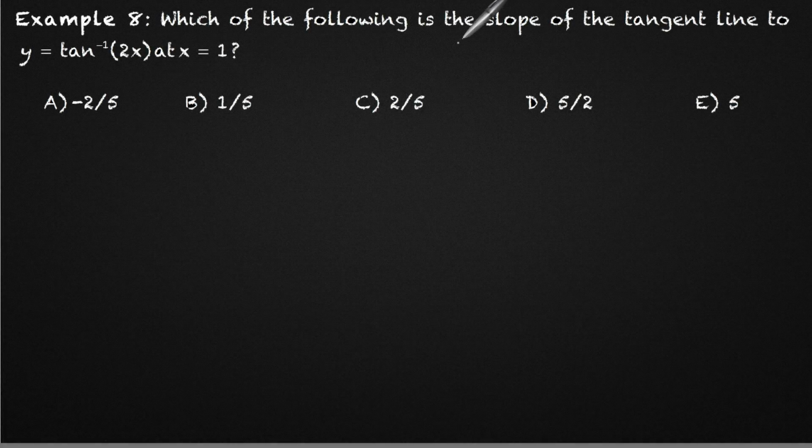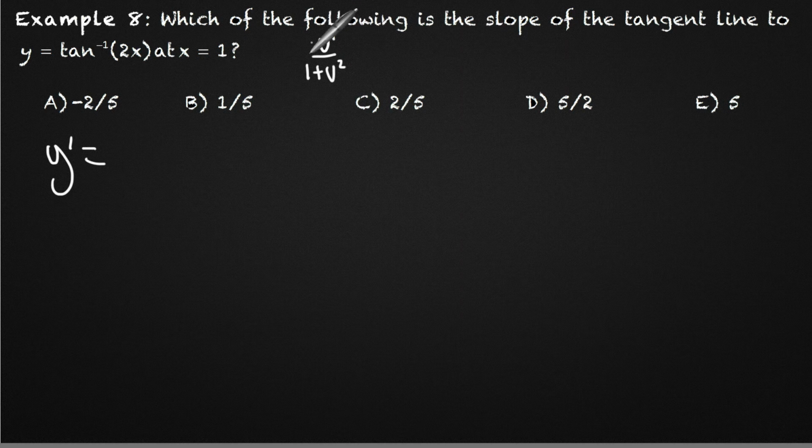Okay, which of the following is the slope of the tangent line to this curve at x equals 1? So we just need to take a simple derivative. So y prime. We remember that the derivative of the inverse tangent is u prime over 1 plus u squared.